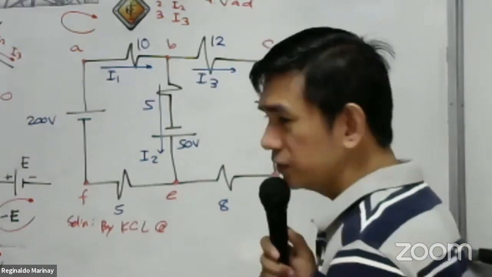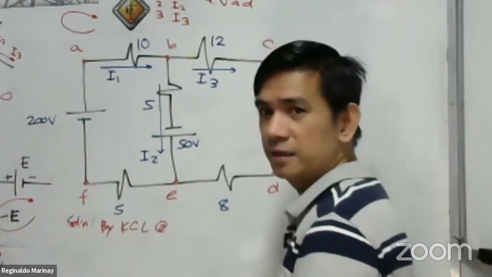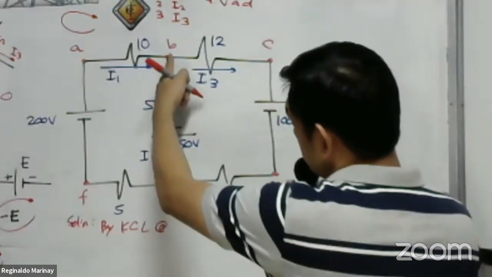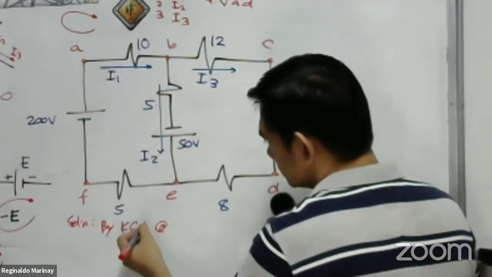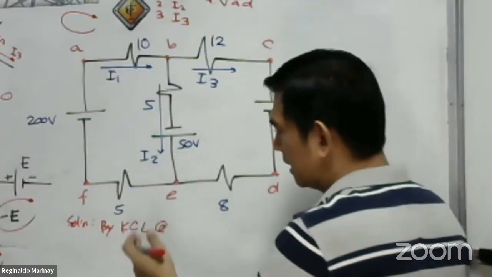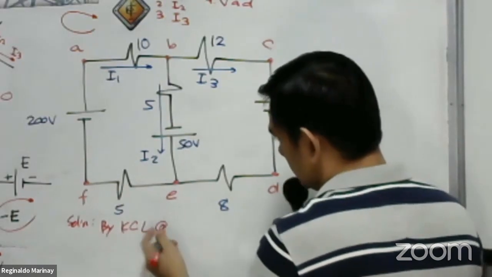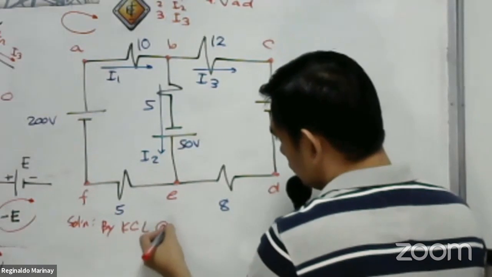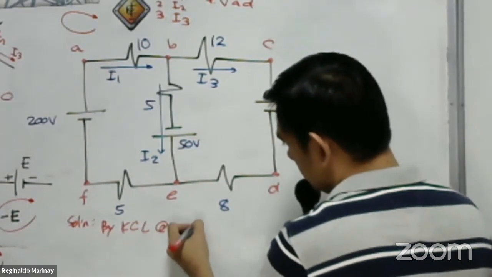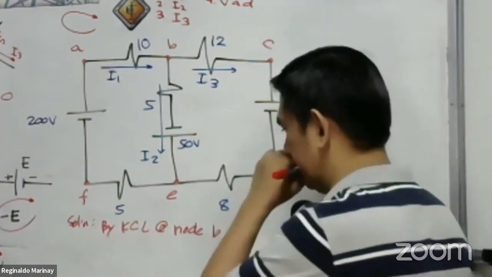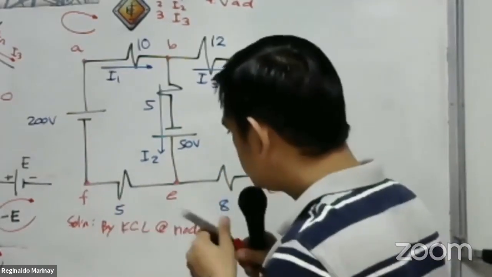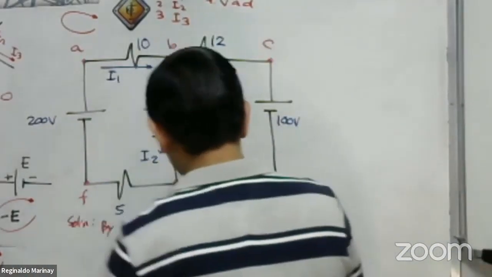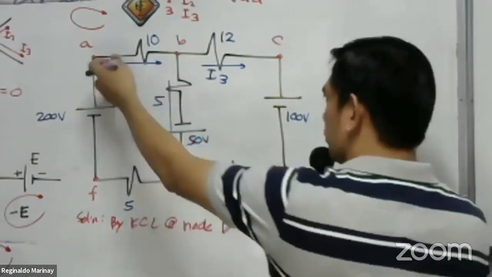Okay, so let's continue. Okay, this node B. Okay, by Kirchhoff current law at node B, so this is our node B. The current entering is I sub 1.